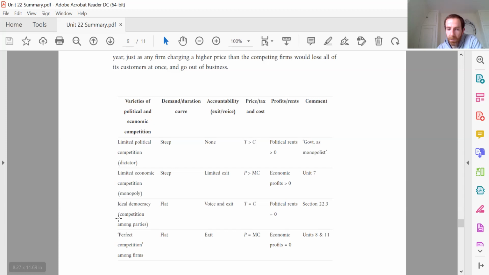Whereas an ideal democracy is like perfect competition, where the demand curve for the firm is flat, right? It's completely horizontal, and they charge a price equal to marginal cost. They don't make any profit. And in an ideal democracy, there's so much competition that whoever is in government has to collect tax revenue that's just enough to cover the cost of public services. So no political rent is actually earned.